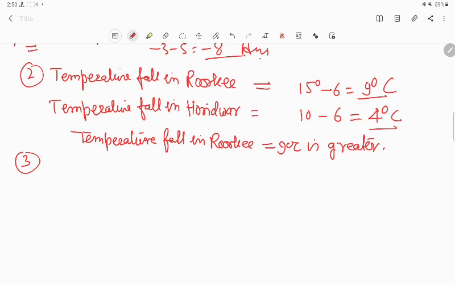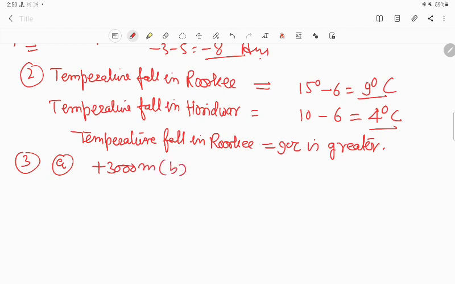And third question: represent the following with the appropriate sign. Above the ground is positive, below the ground level is negative, deposit money is positive, withdraw money is negative. This way you can write the appropriate sign. So first A, height of 300 meters above the ground is plus 300 meters.